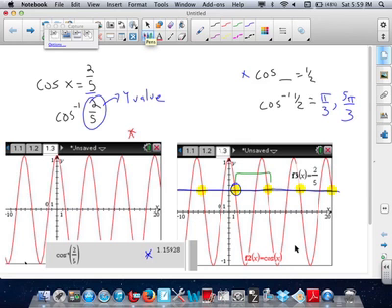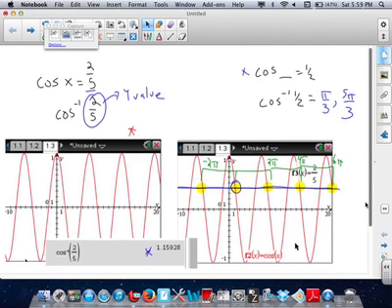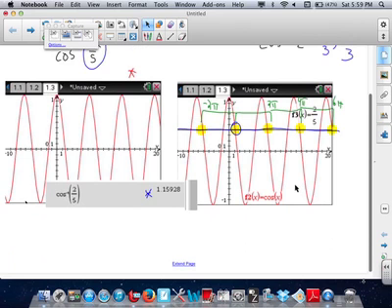These are different by 2 pi. This one would be different by 4 pi. And this one would be different by 6 pi. And if I was to go backwards to this spot, that would actually be negative 2 pi plus that calculator answer. So for those yellow dots, there is a formula to find those every time.